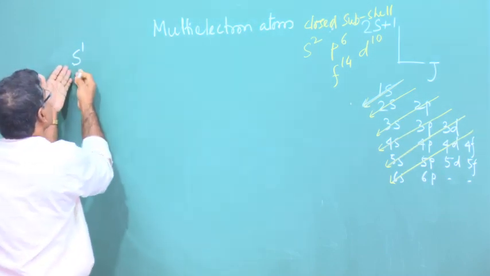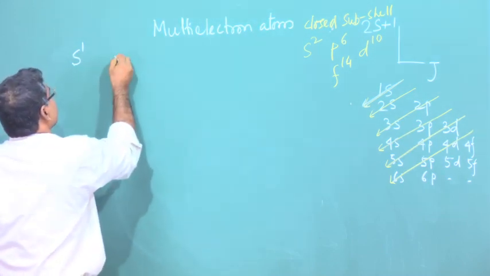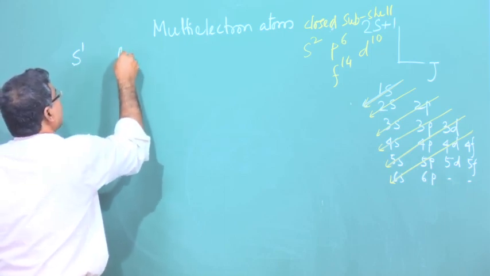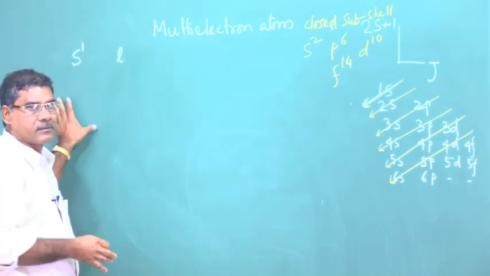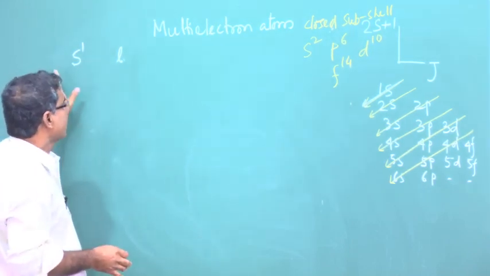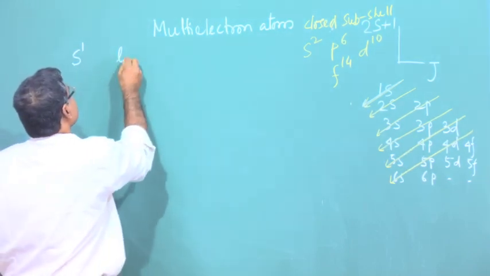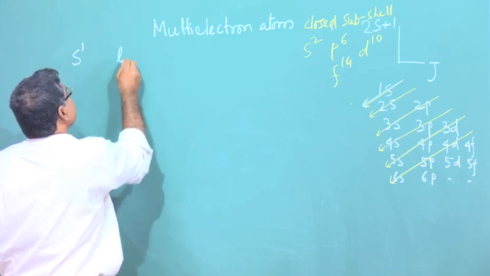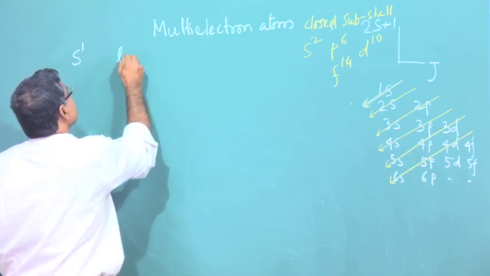Whatever n equal to 1, 2, 3, that we are not considering. Since it is s, L equal to 0.